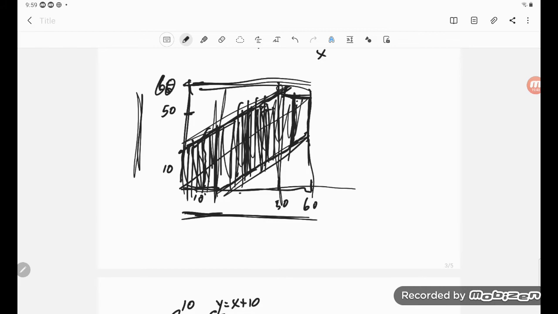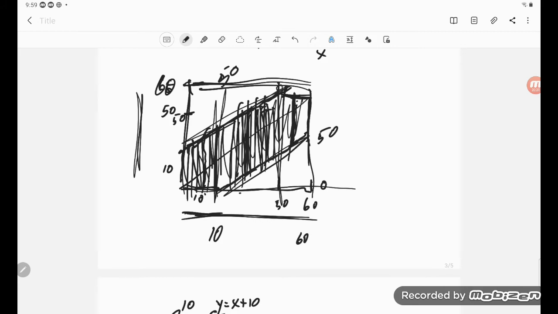So instead of doing these integrals, I've got a triangle from 10 to 60, and from 0 to 50 here. So I have a triangle that's 50 by 50 as far as the two legs, and a triangle up here that's 50 by 50.